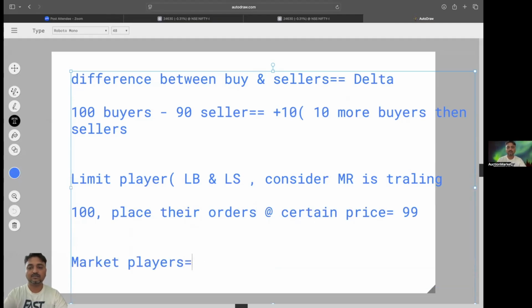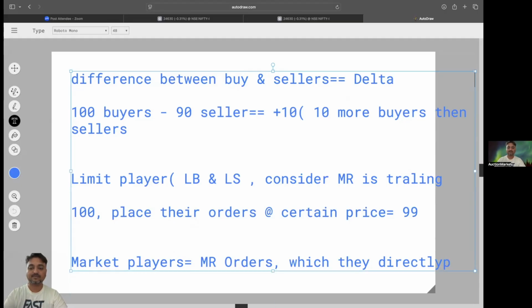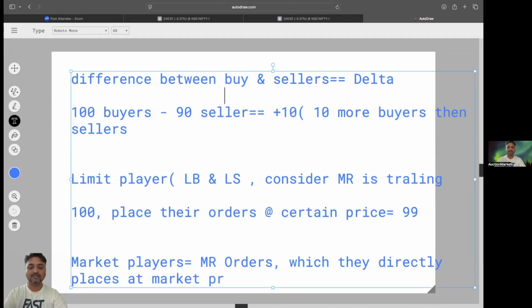Okay, got this? So what exactly are market players? Market players are nothing but market orders, which they directly place at market price.